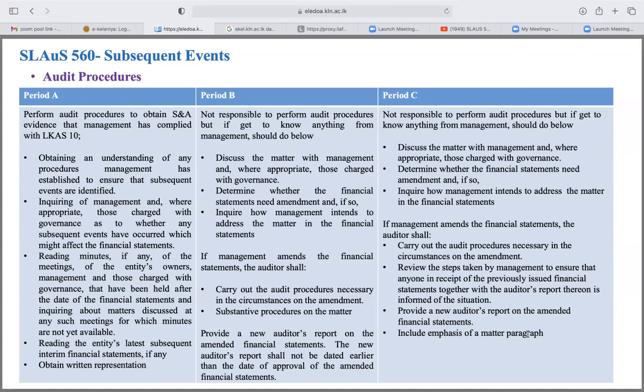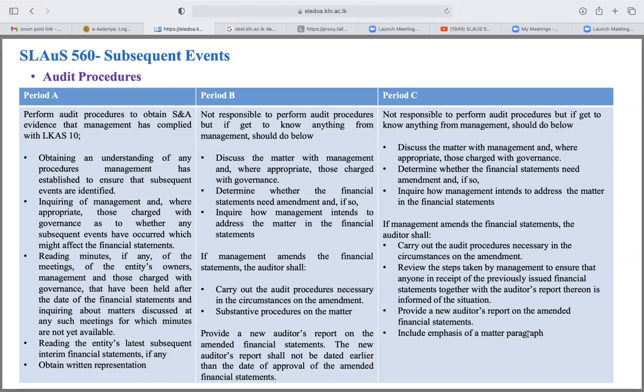Right? So the issue is, in this period, the financial statements are actually with the shareholders, right? So now the shareholders are looking at the financial statement. Now they are taking decisions based on the financial statement, right? So during this period, we have come across some sort of subsequent event, right? So then as an auditor, we need to discuss the matter with the management, and we need to determine whether the financial statement needs some kind of amendments.